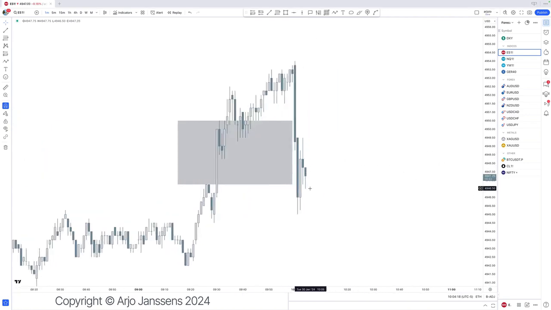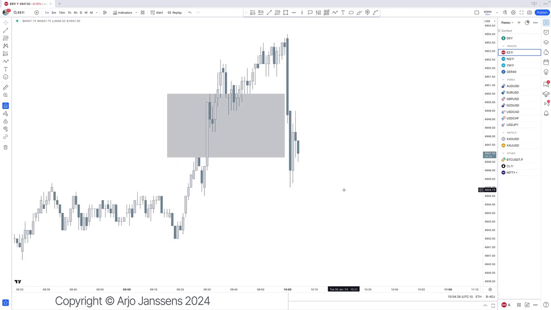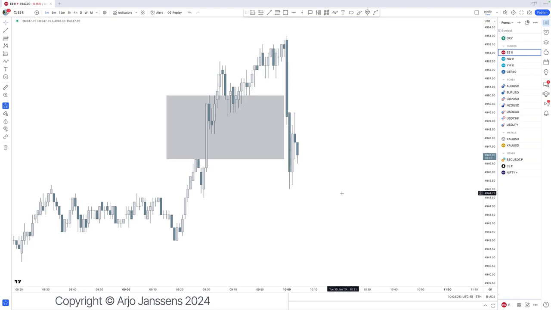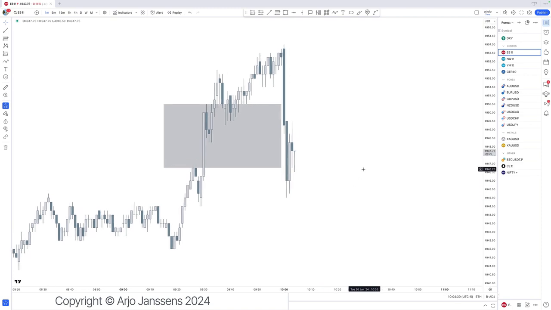So ideally, if it's high probability to continue lower, a new Vervega lower should be created as fast as possible. Where this next candle is ideally a down candle.